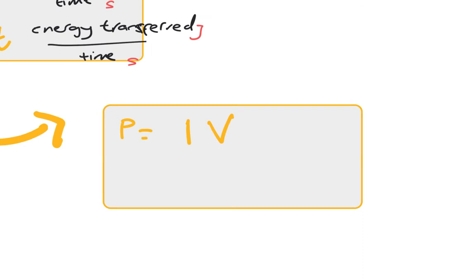Now, the other ways in which you can define and work out power are as follows. So first of all, power can be given as current multiplied by potential difference. And that relates to the flow of charge and either the push from the battery or the energy transferred.